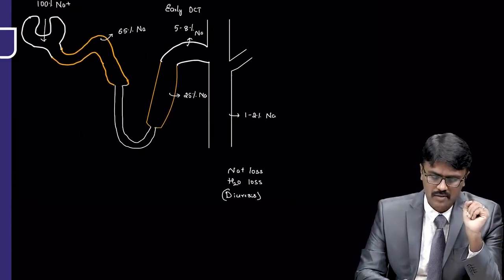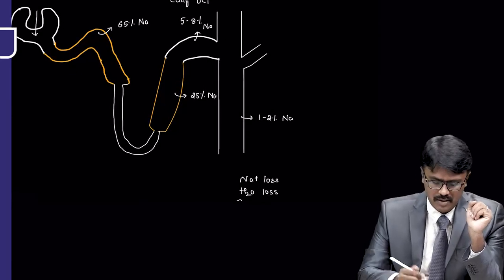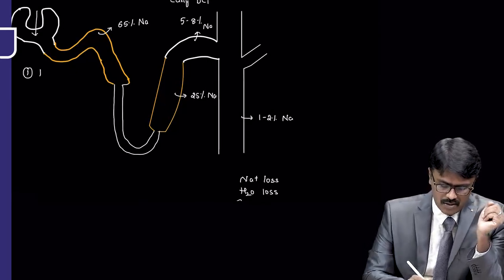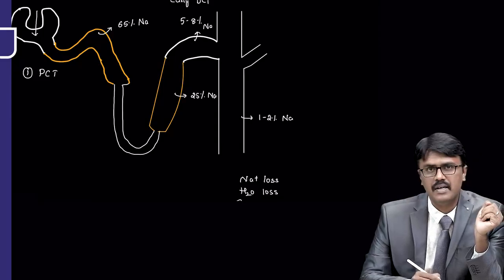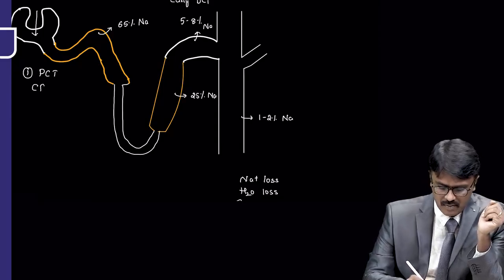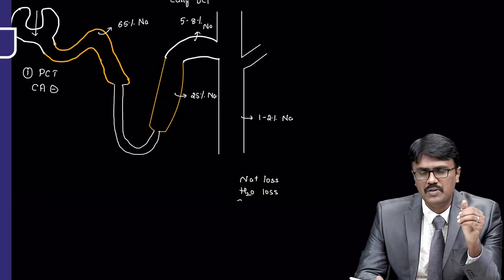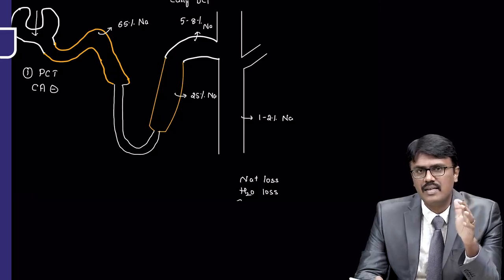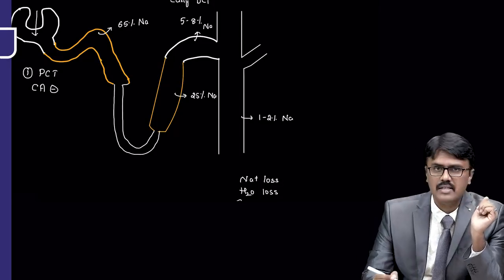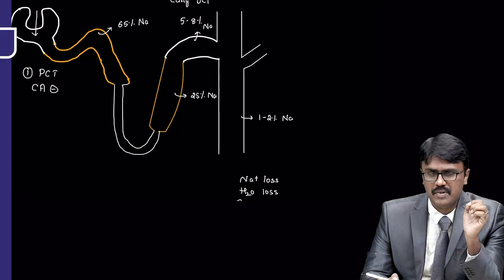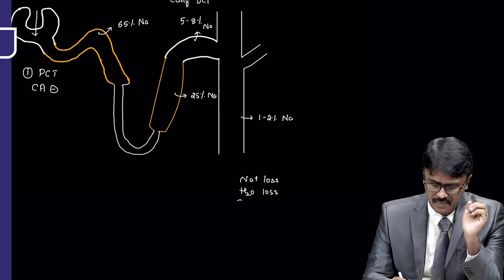Now, what are the drugs which act on this? Number one, the drugs which act on the proximal convoluted tubule, the PCT. These drugs are called carbonic anhydrase inhibitors, and they inhibit the enzyme carbonic anhydrase. Their major site of action is the PCT.